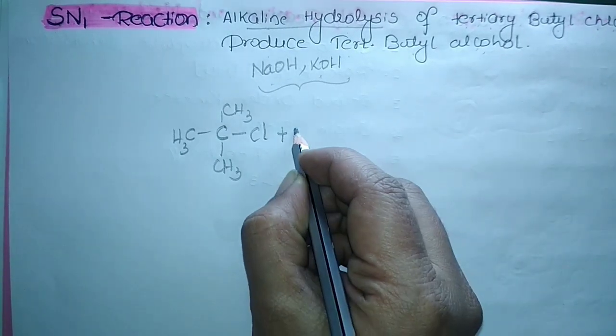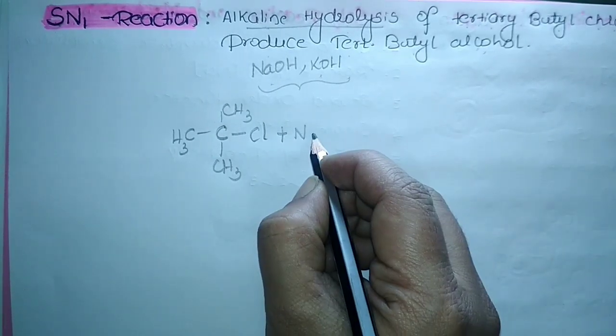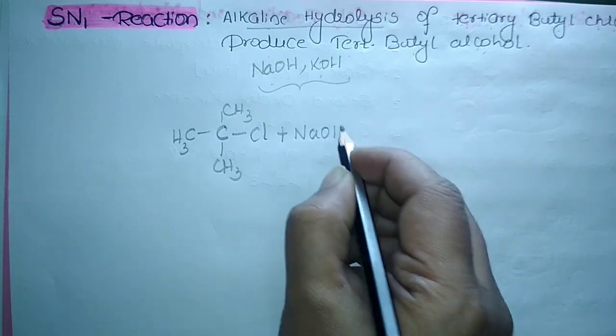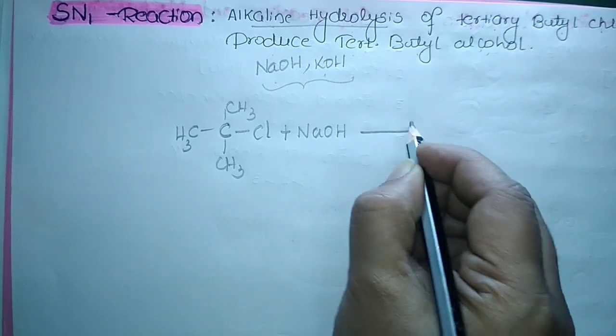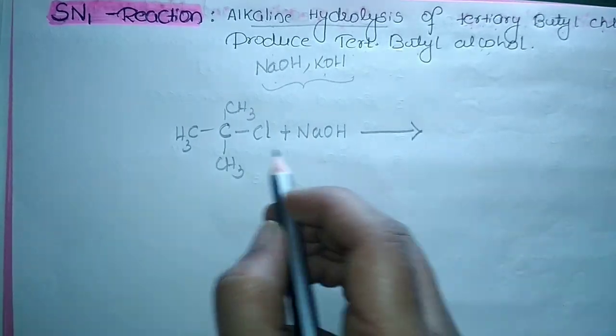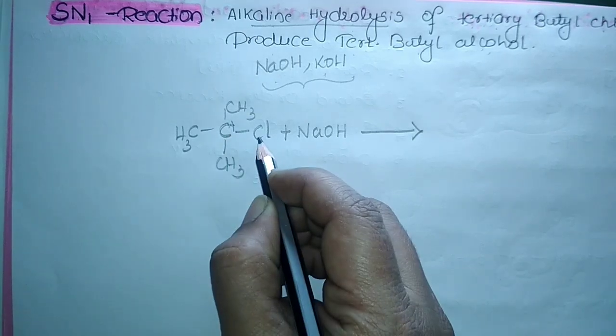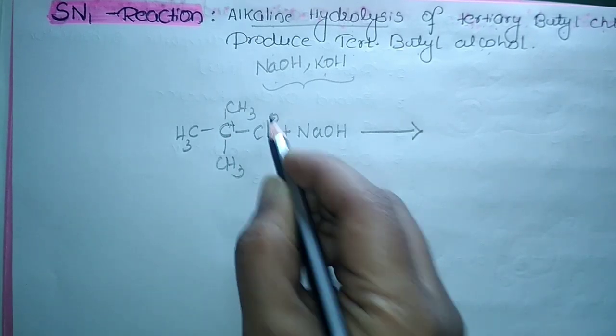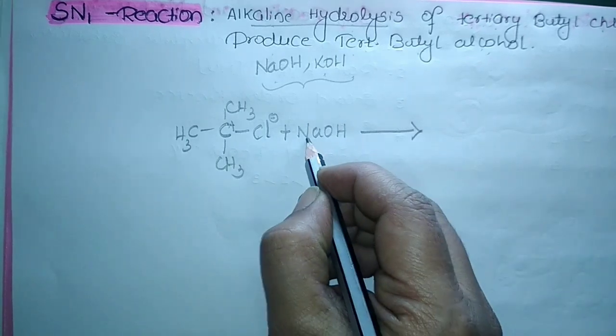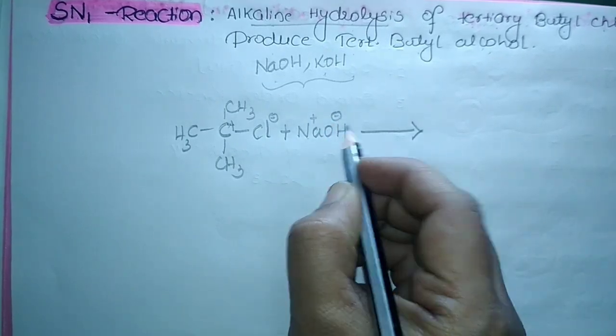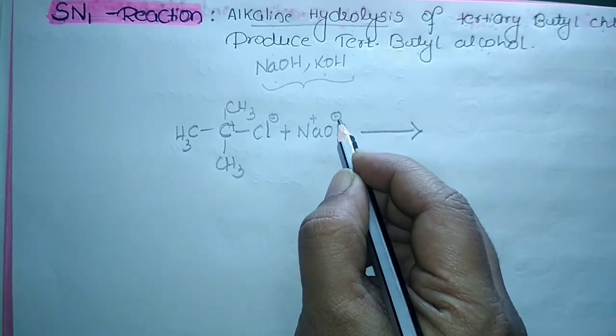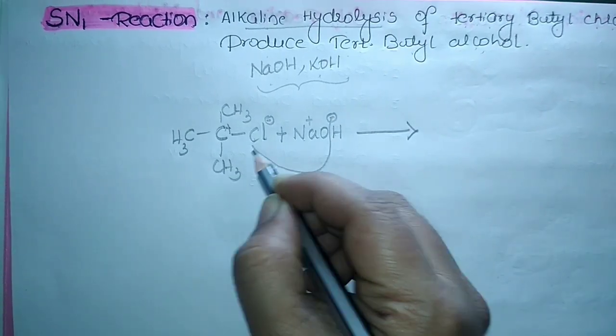When it is treated with the alkaline solution, that is sodium hydroxide, okay, it results in the formation of, as I told, carbon with a positive charge and chloride with a negative charge, which is a weak nucleophile. We have Na plus OH minus. This OH minus is a strong nucleophile and will replace the chloride atom.